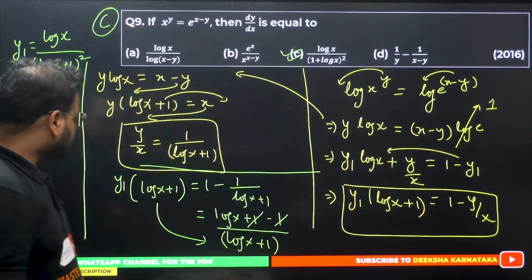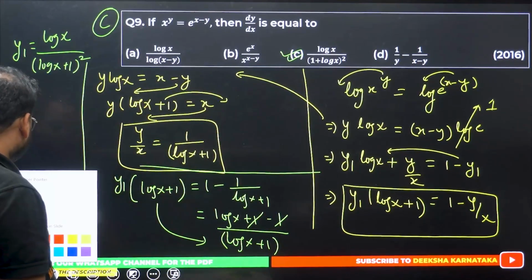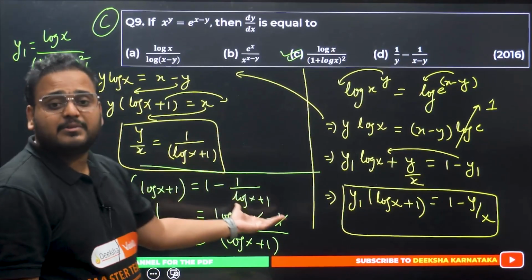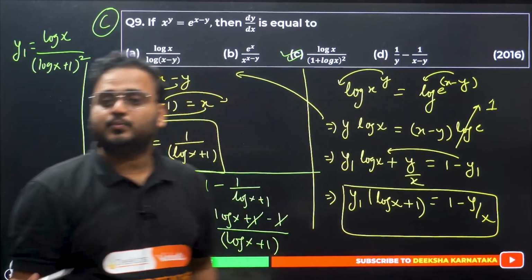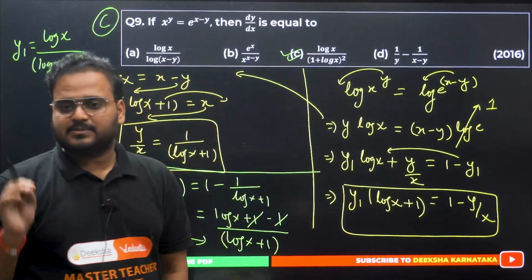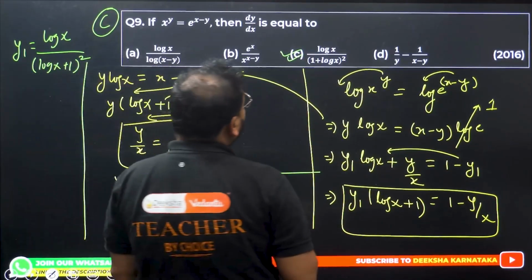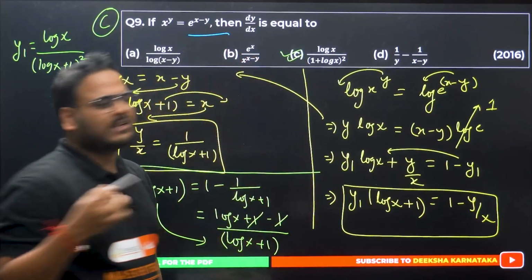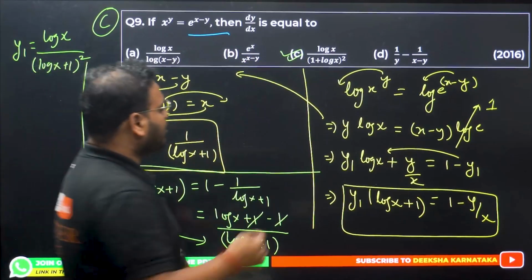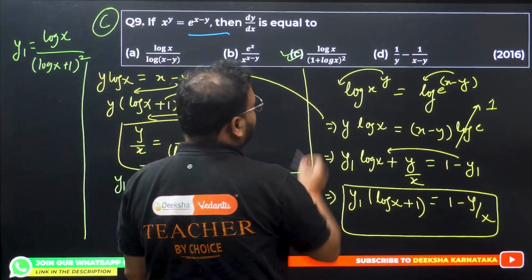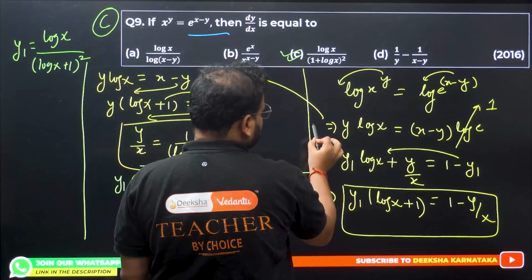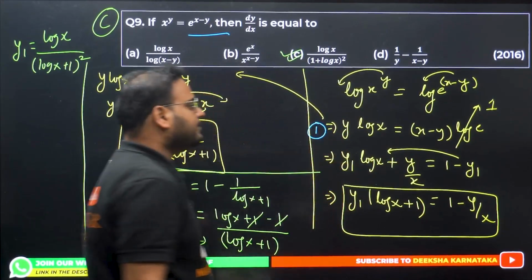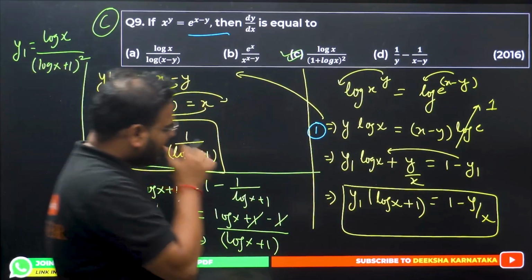Again you might ask me, sir, such long steps, I don't have that much time in the CT examination. What to do? So in this you have to do some steps. I'll tell you which ones. Of course this is a very familiar question, it keeps coming all the time. But if I want to tell you the steps required to solve it, this is my first step, and we need to do this step also.